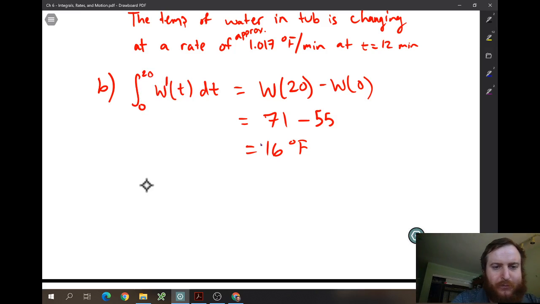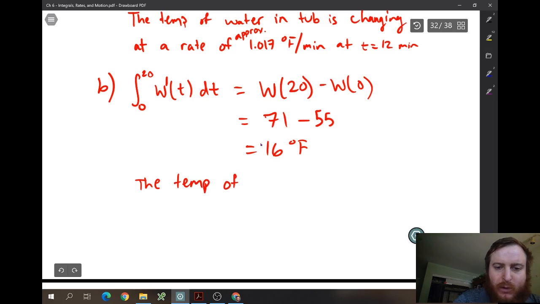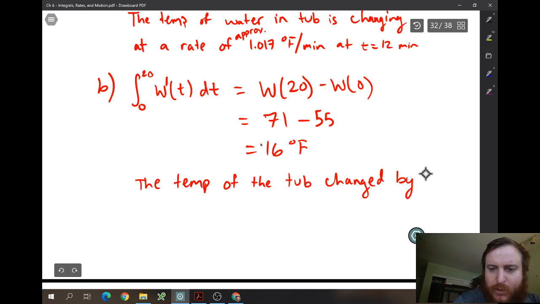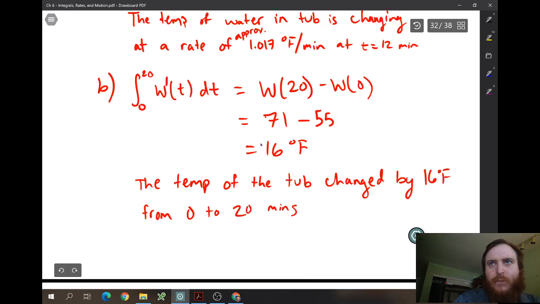So this is saying the temperature of the tub changed. Integrals are the change in the amount. So it changed by 16 degrees Fahrenheit from 0 to 20 minutes.